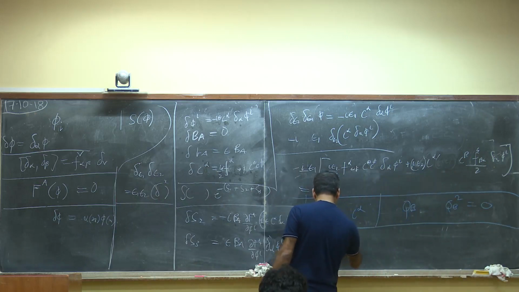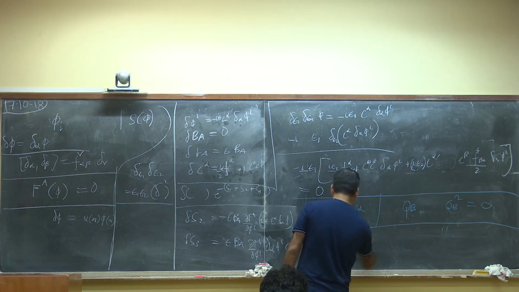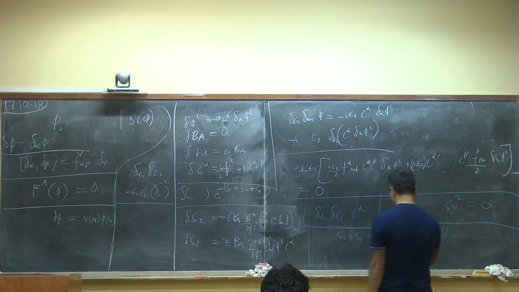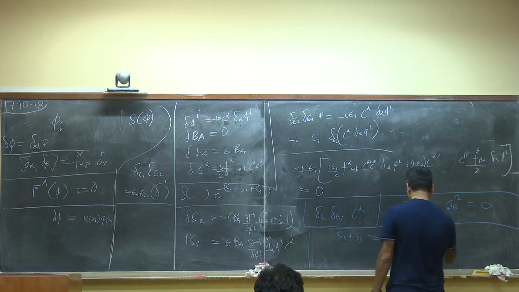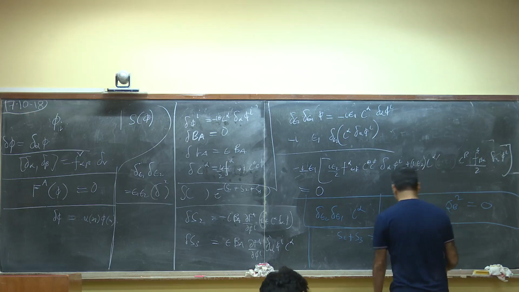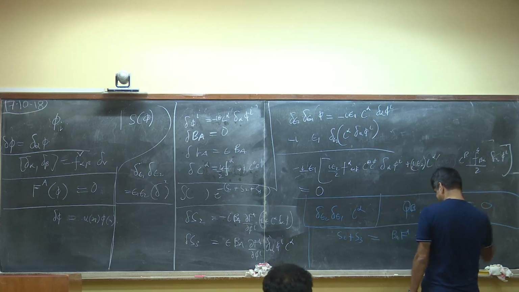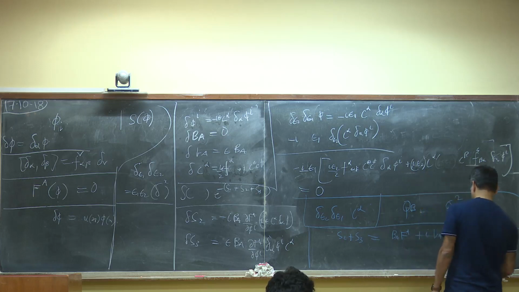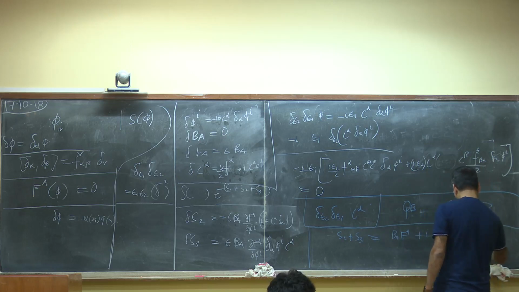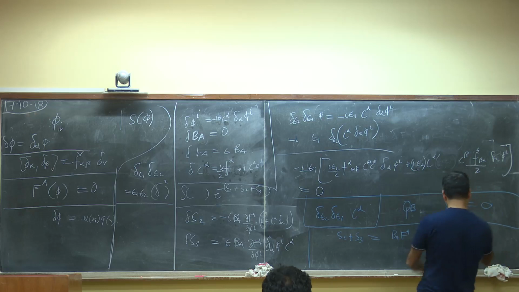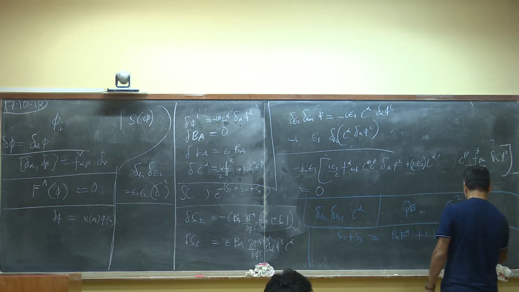So S2 plus S3 was equal to, was it B_A F_A, please help me get the signs right, B_A F_A plus i B_A del F_A by del phi_I, del_alpha phi_I C^alpha.